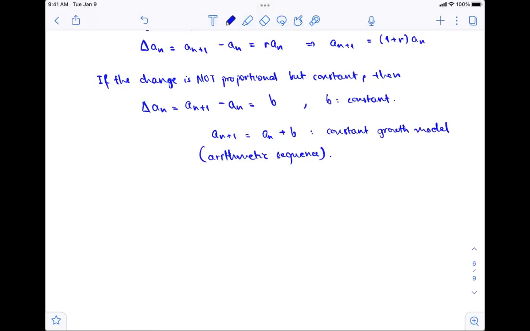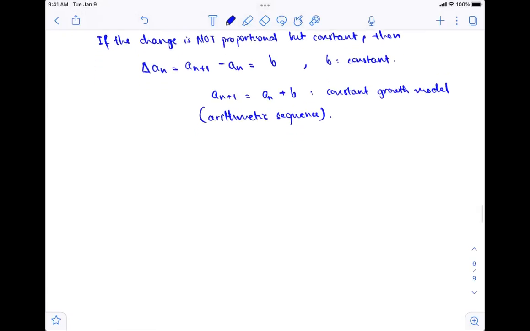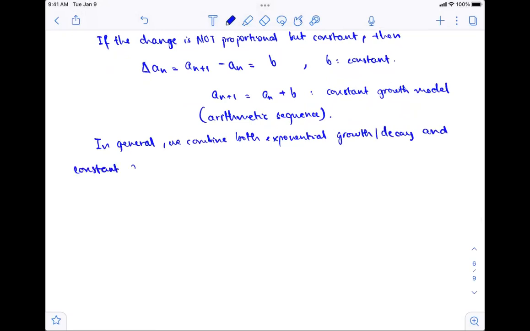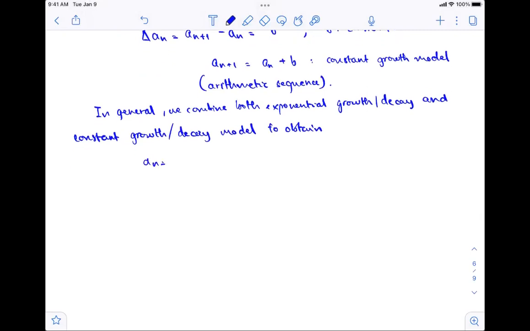All right. And in general, we can combine both the exponential growth or decay and the constant growth or decay models to obtain the following sequence: a sub n plus 1 equal to r times a sub n plus b.